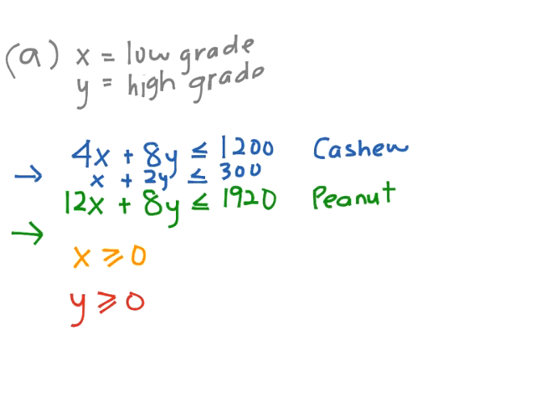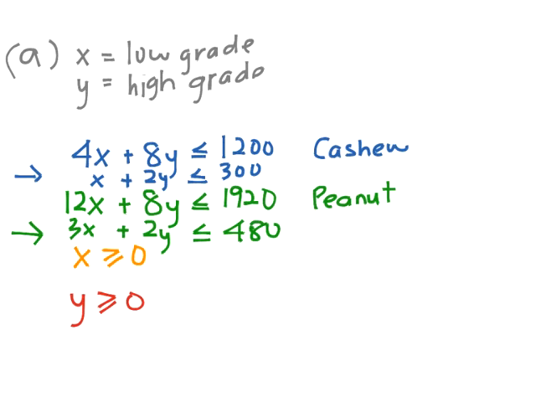So we divide by 4. When we divide by 4, we will have 3x plus 2y less than or equal to 1920 divided by 4, which is 480. So we are going to use this one. It is smaller, and we cannot simplify anymore.